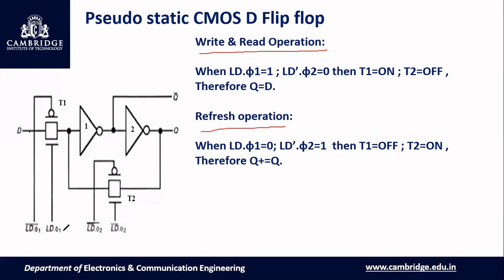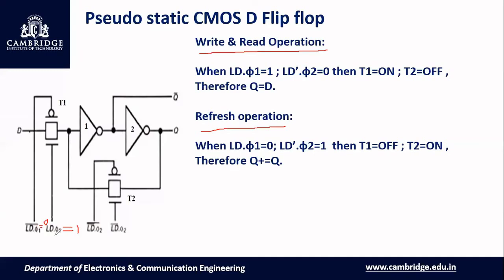For the write and read operation, we'll see what has to be done. Here, LD is one control signal, phi1 is another control signal. LD dot phi1 should be made 1, so that LD dot phi1 bar will become 0. That means LD should be 1, phi1 should be 1.